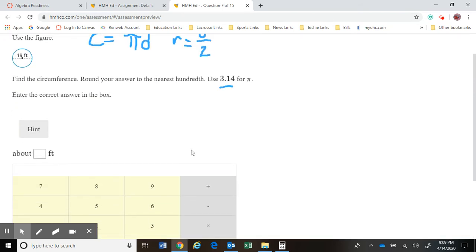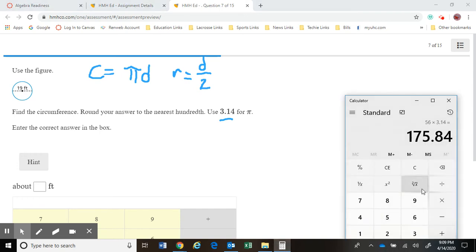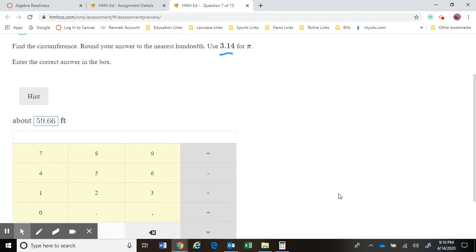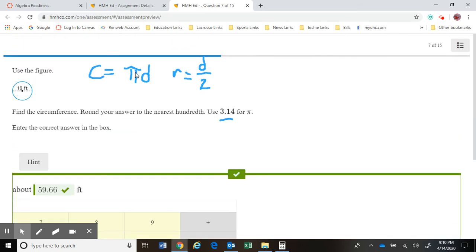Number 7. Find the circumference. What does 19 represent? That's right, that's your diameter, so I'm just multiplying by 3.14. 19 times 3.14 is 59.66. Okay, moving on.